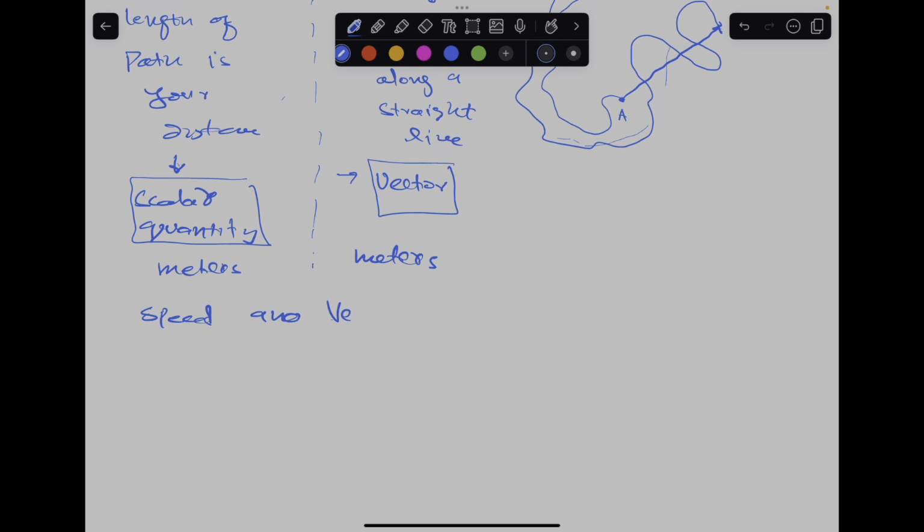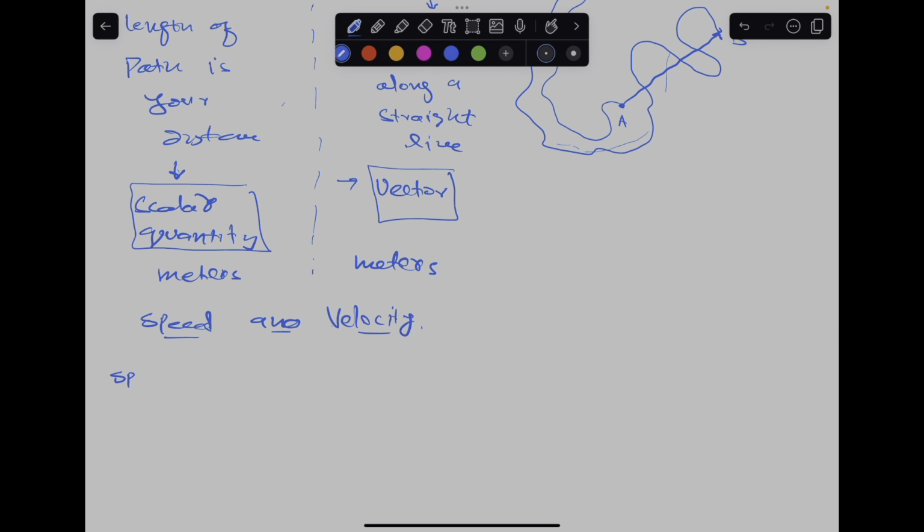So speed and velocity. Speed is defined as the total distance covered divided by the total time.